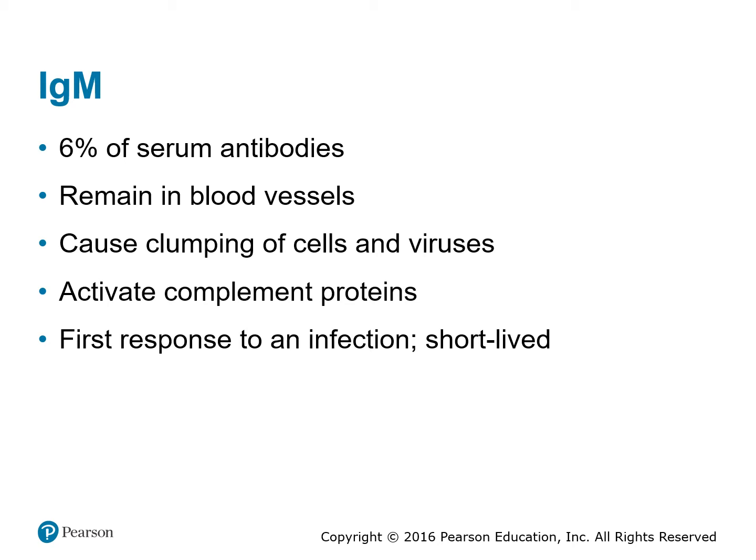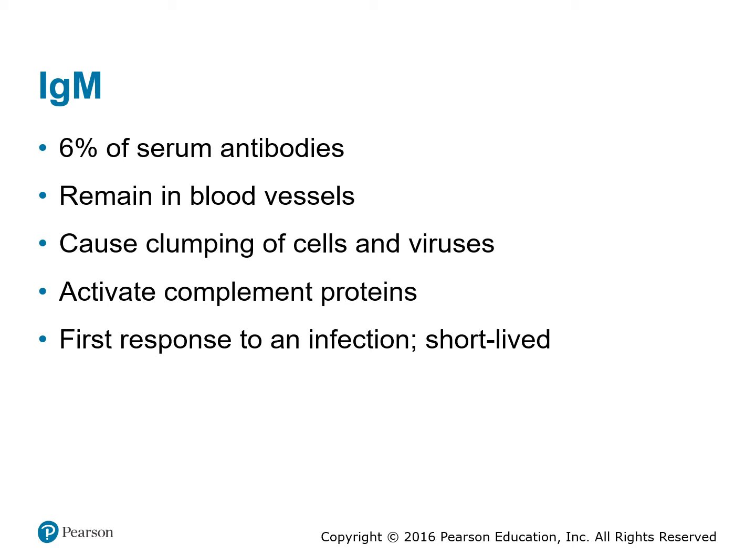They are also involved in the response to your ABO blood transfusion. So if someone is getting a blood transfusion and they get the incorrect blood type that's not compatible with theirs, the IgM is going to start clumping up the red blood cells.